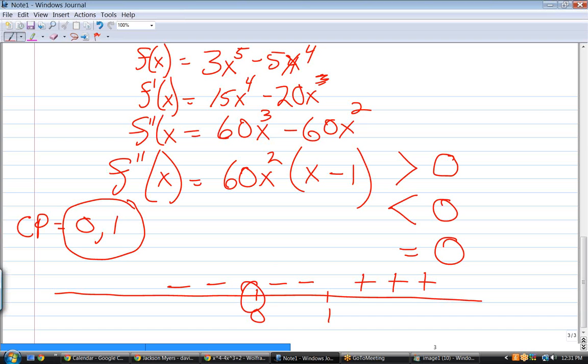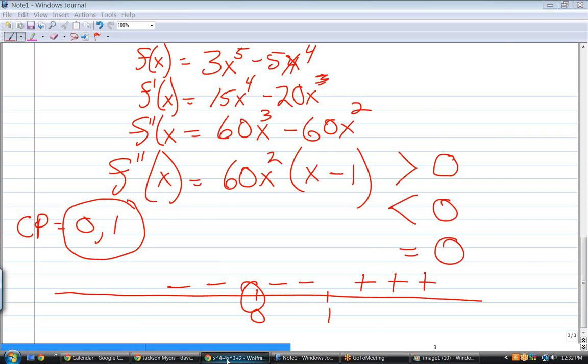Because we're going from concave down to concave down. So let me think about that for a second. The second derivative is equal to 0 at x equals 0.